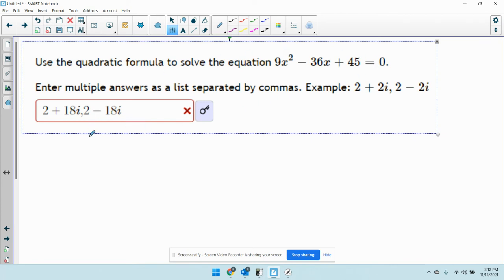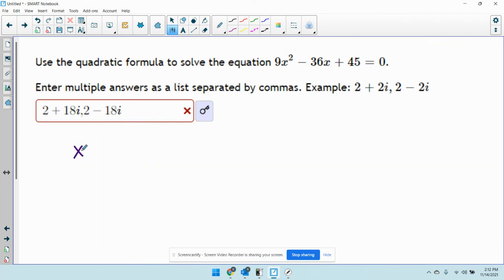I'm going to dive into the quadratic formula. So I have x equals negative b, which is 36, plus or minus the square root of 36 squared minus 4 times a times c all over 2a.